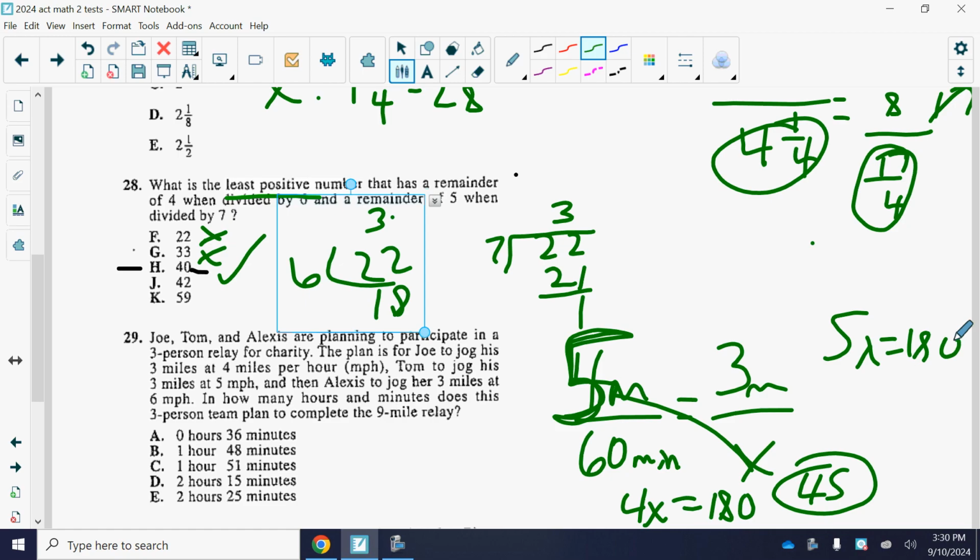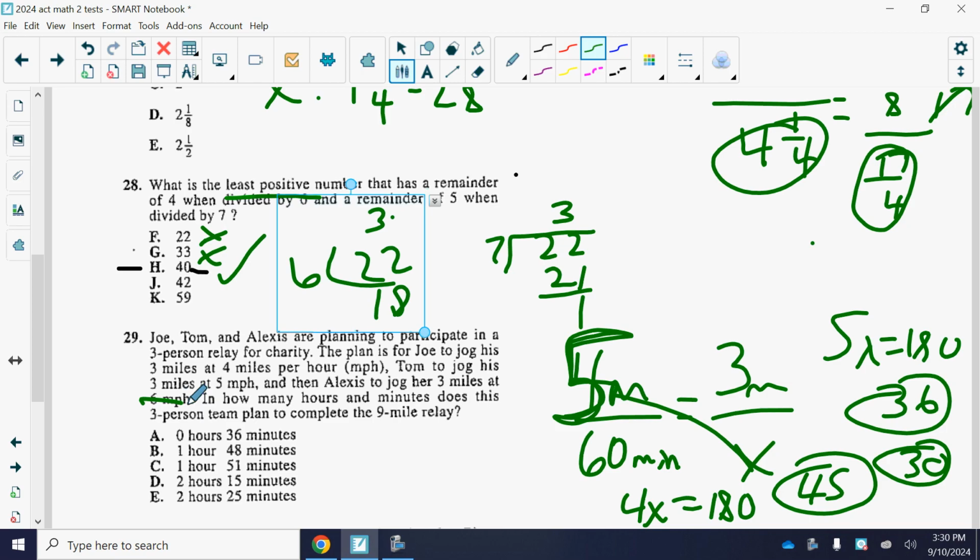180 divided by 5 gives me 36 minutes. And then 6 miles an hour would be 30 minutes. I'm skipping the step. 6x is 180. So add all those up, and you get 66 plus 45.